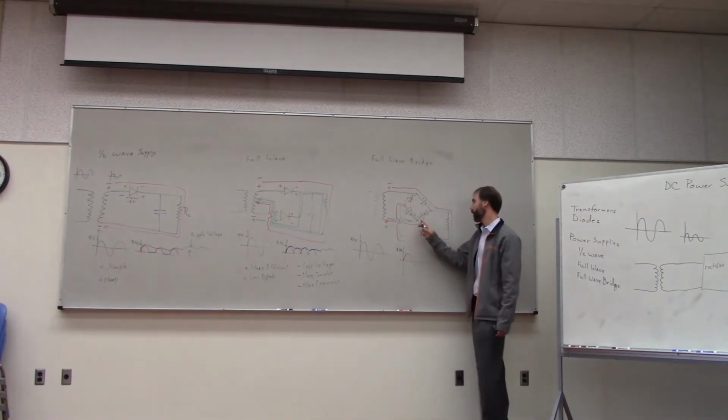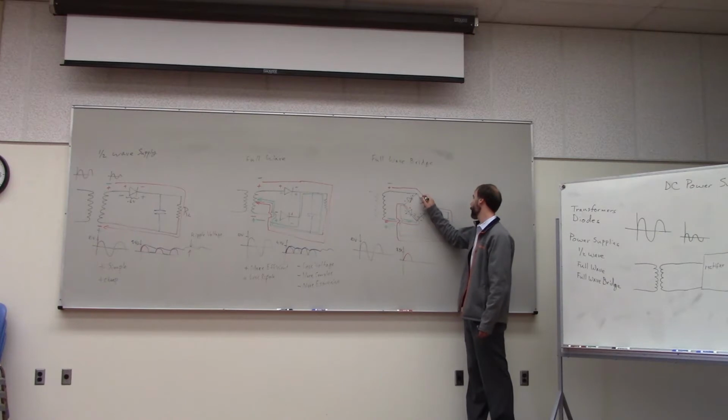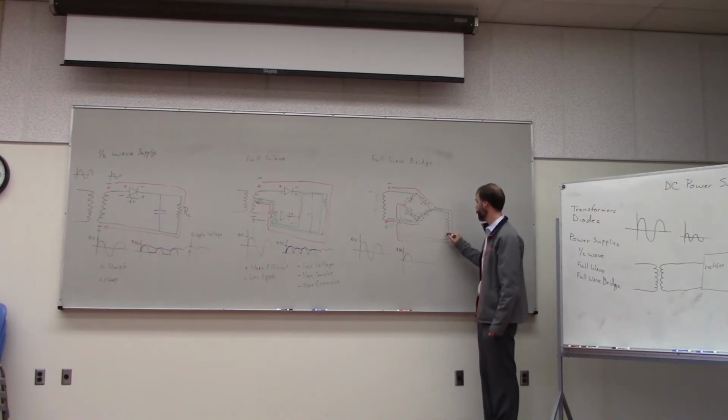So the electricity goes to the right here through this diode, and then we've got a positive voltage and a negative voltage there. So this diode is reverse biased, so the electricity goes over here to the load resistor.